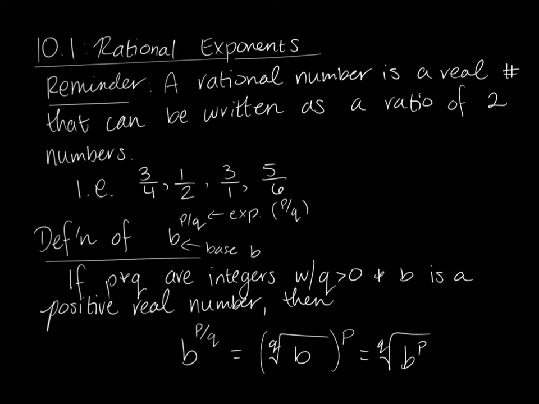And the way I've written it is b to the p over q. So that means it's going to be some number, some base, to the power of a rational exponent, so of a fraction.